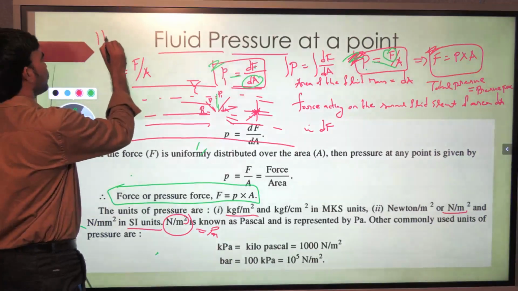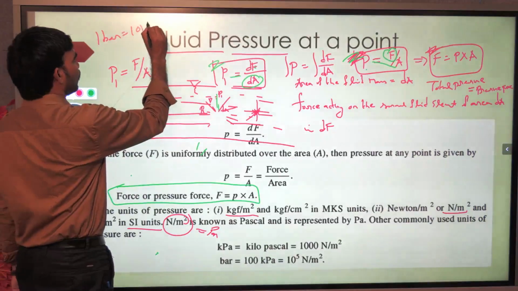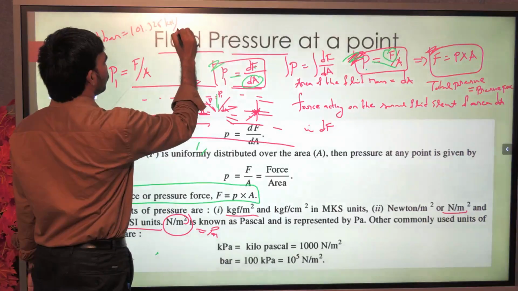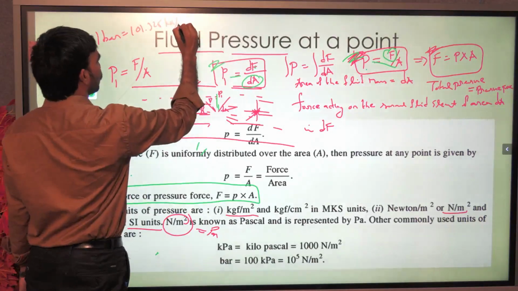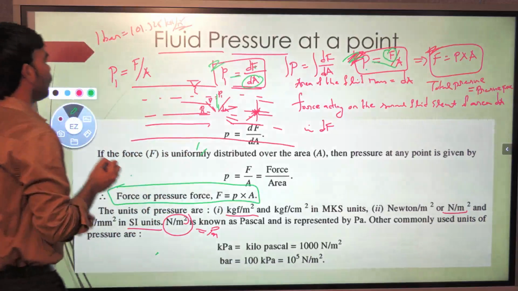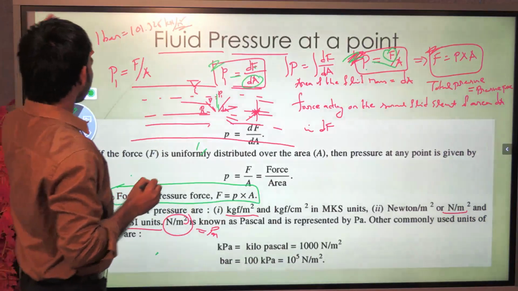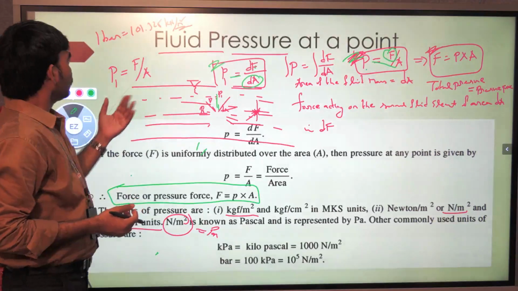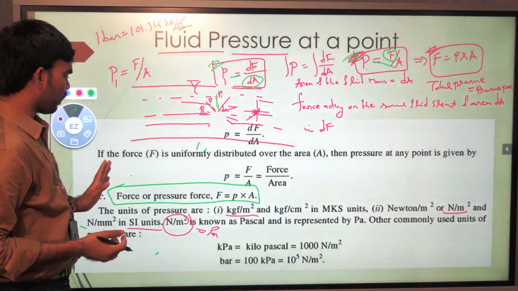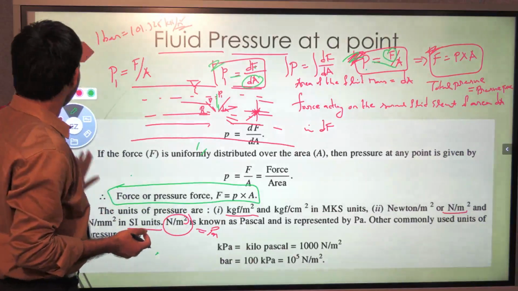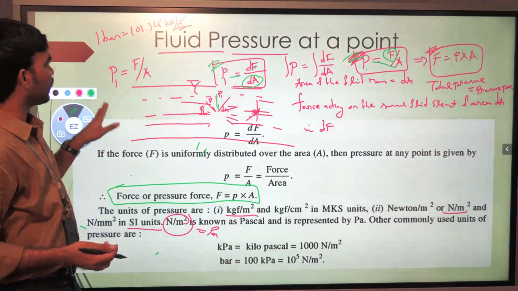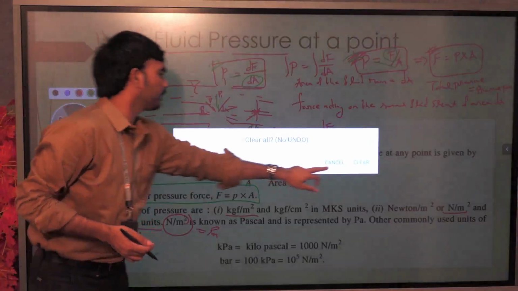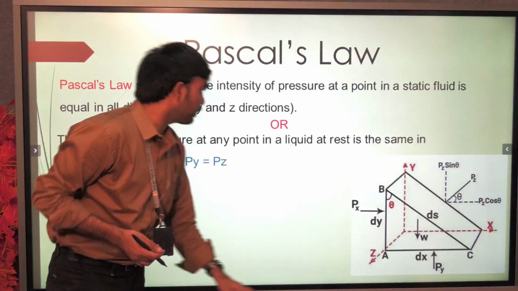We also discussed that 1 atmosphere is equal to 101.325 kilonewton per meter square. I hope you understand the concept. This is how to measure the fluid pressure at a point. We'll go to the next slide.